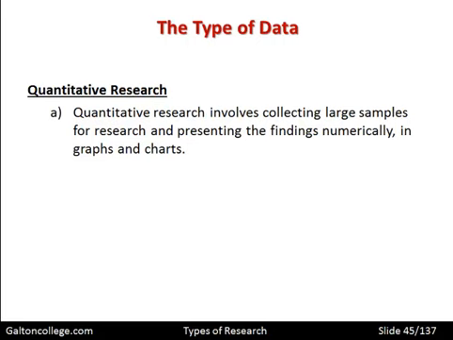So it's in the public domain. Researchers can access this if they know where to look, and then use this to get some insight into the market and present their findings using graphs and charts and so on, and present this to management, who can then make decisions based on this quantitative research.